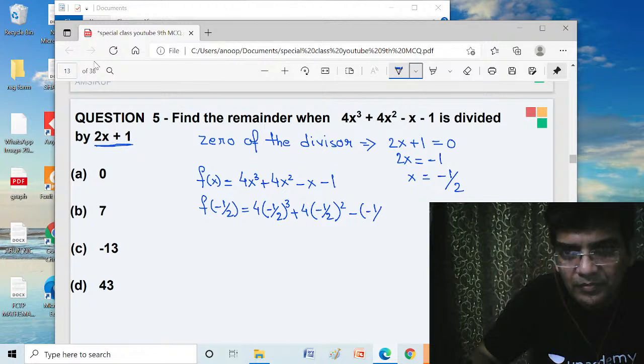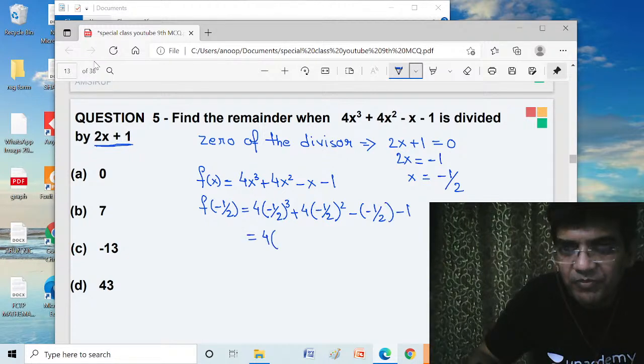So this will be 4 into, if I take cube of minus half, this will be minus 1 by 8. Next I will be taking square of minus half, it will be plus 1 upon 4. This will become plus half and then minus 1.